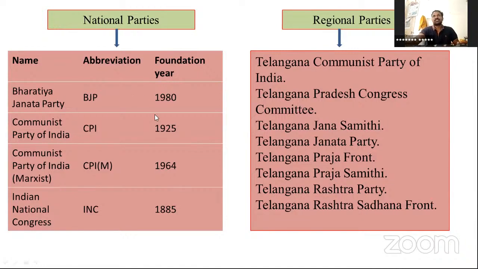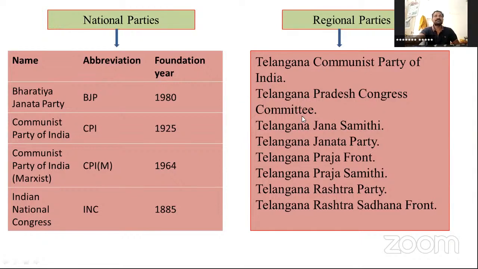major national parties I mentioned here, and also regional parties. Presently in our Telangana, a number of political parties are there. You list out those political parties. I mentioned the parties in the early Telangana state movement. Look at this: Telangana Communist Party, Telangana Pradesh Congress Committee.